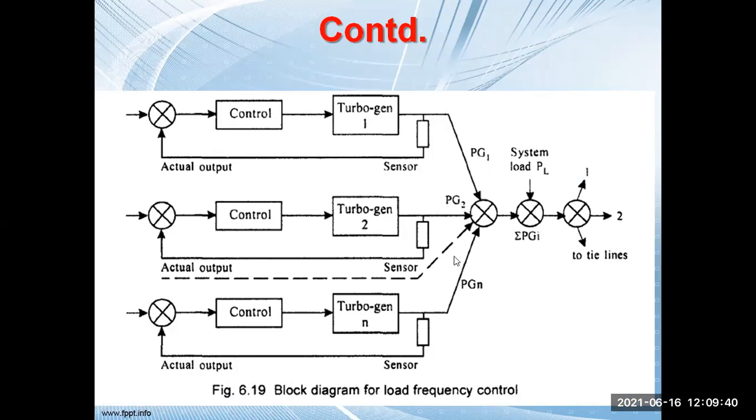All these generators are supplying the generation, and there is a load and a transmission line. We'll come to those points. Generally all these generations will be summed up at a particular point, and there is a load. If there is a mismatch between the total load and total generation, the frequency will be affected. This is basically the gist of this concept.